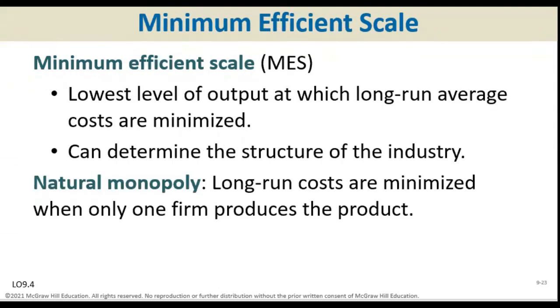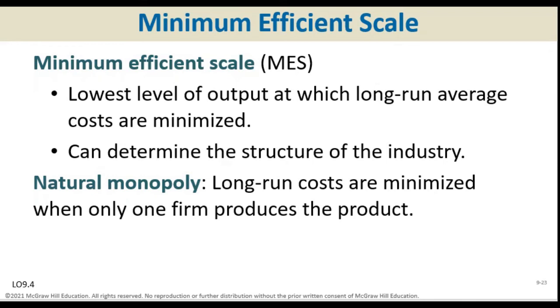So the minimum efficient scale, MES, occurs when an industry's long-run average total cost determines if there will be many or a few producers, and whether they will be large, small, or of different sizes.